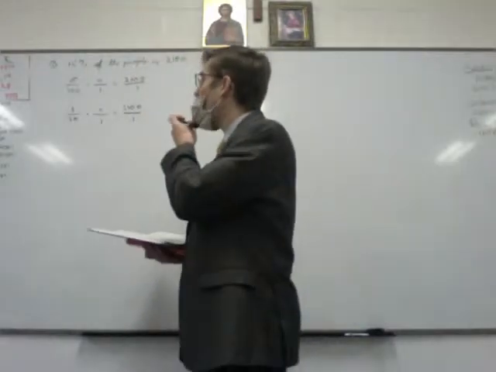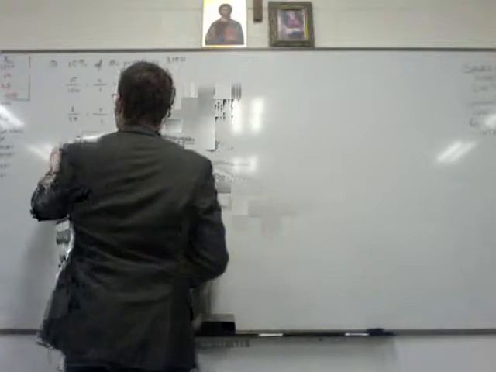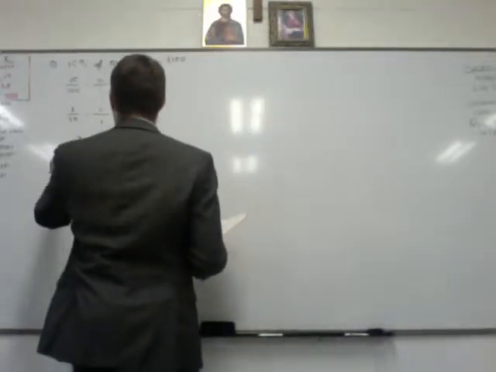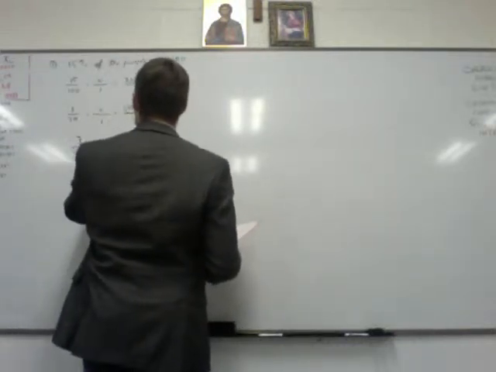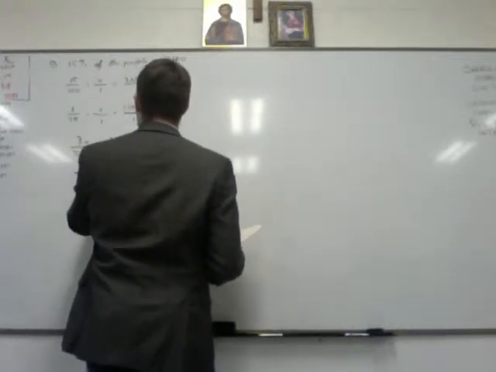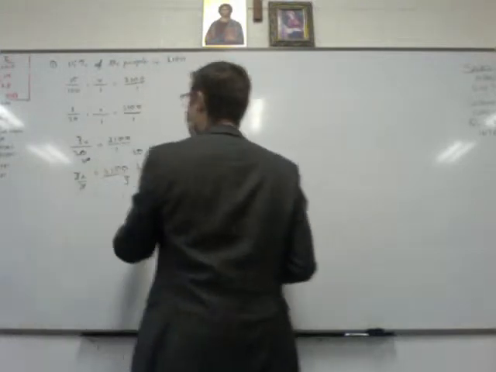All right, now what do we do? 3x over 20 times 20 over 3. We multiply by 20 on both sides, and we get 3x equals 2,100 times 20, and then we divide by 3.